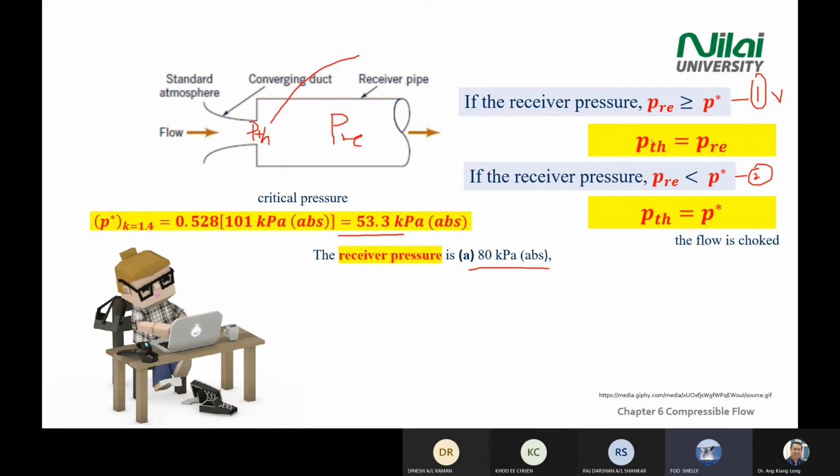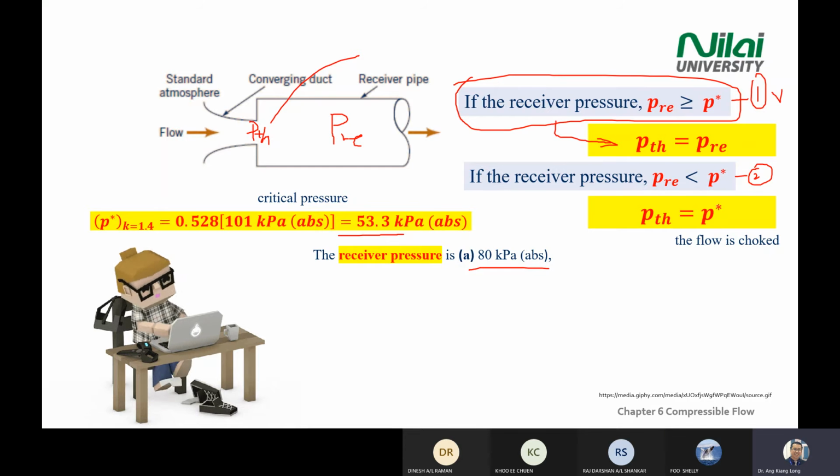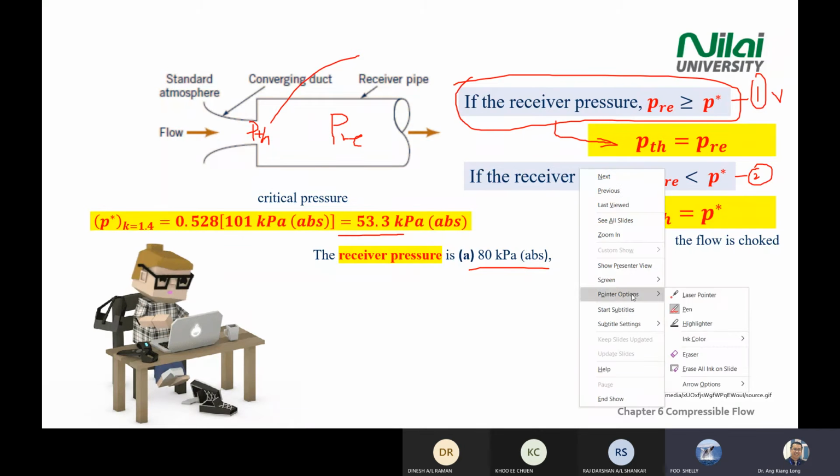P throat equals P star. Oh, you are having this first scenario, right? So this first scenario gives you this one. So this one equals what? P throat equals P receiver, not P star. P star is the scenario 2. Yes, okay, good.